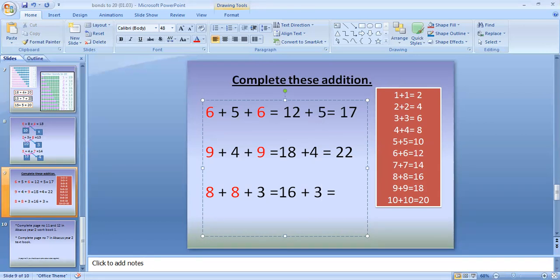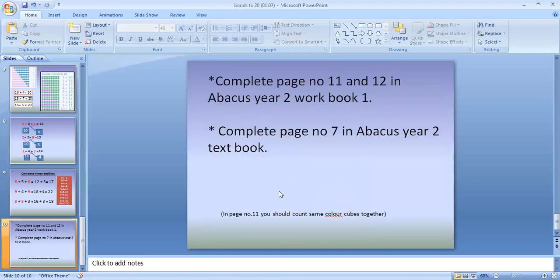And what is the answer? 16 plus 3. 19. Yes, it is 19. Teacher, the answer is 19. Yes, the answer is 19. Okay, now you can speak up. Do you have any question?